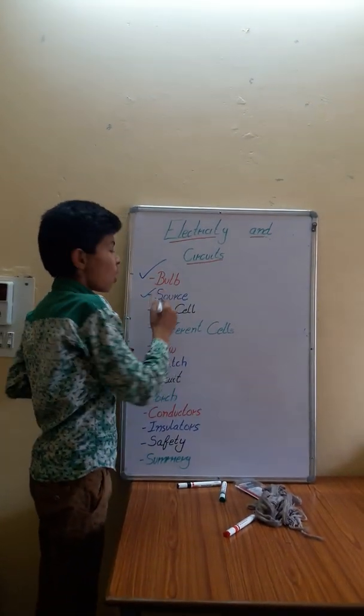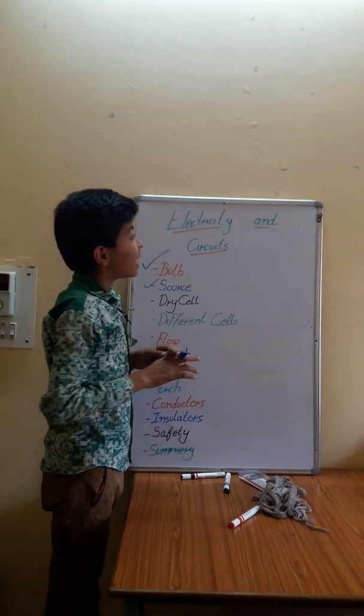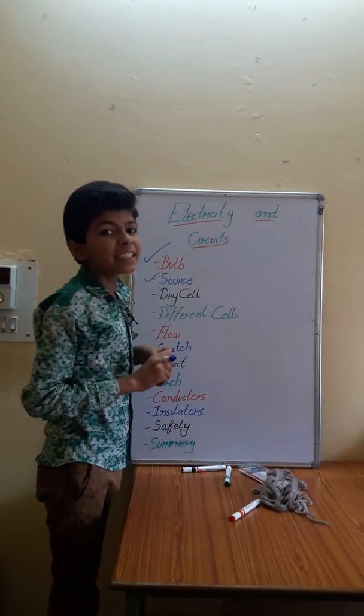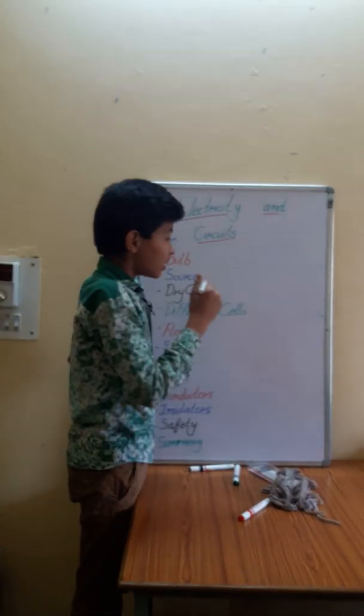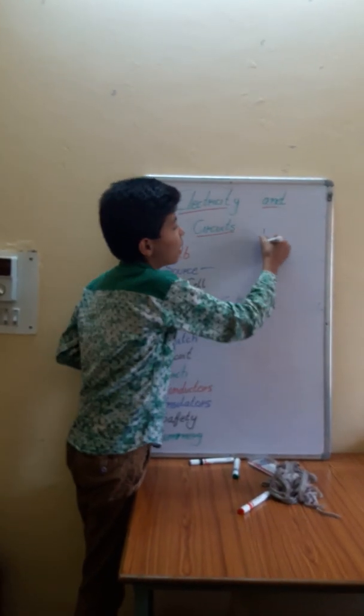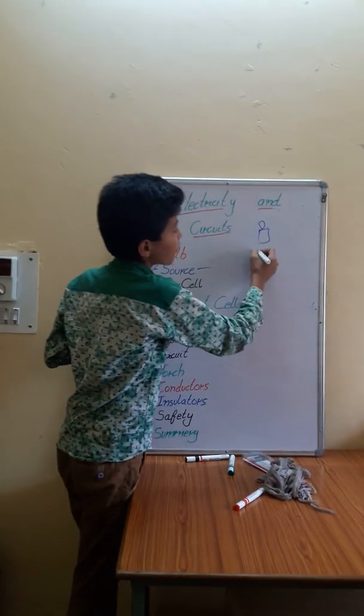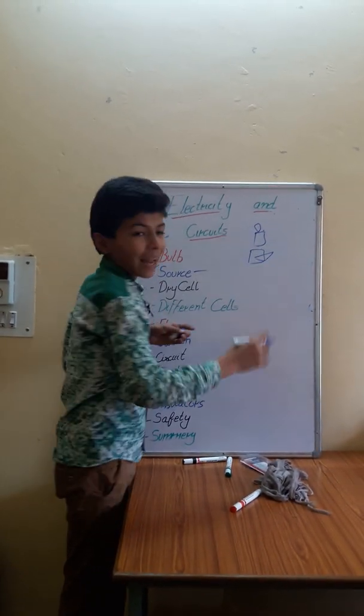Now sources. What are the sources from which we get our electricity, or how is electricity produced? The sources are a bulb, these switches like that.